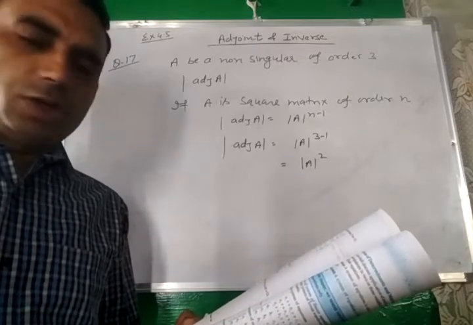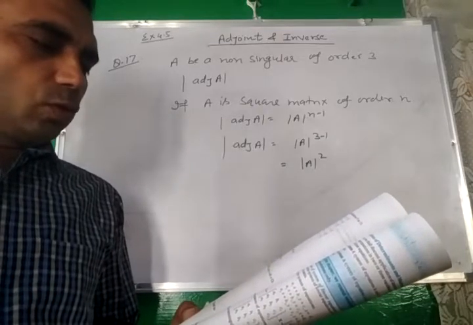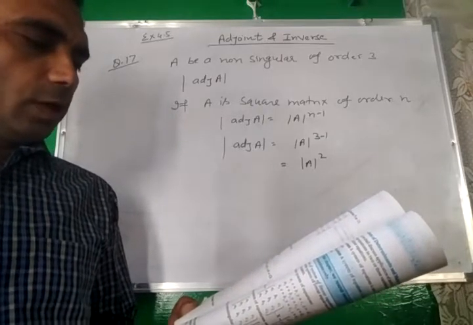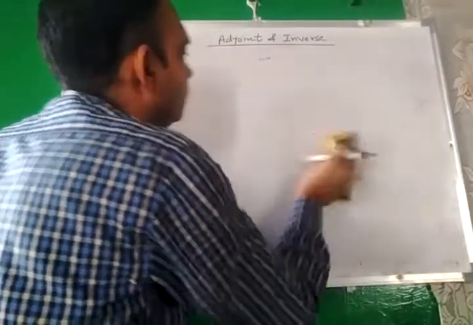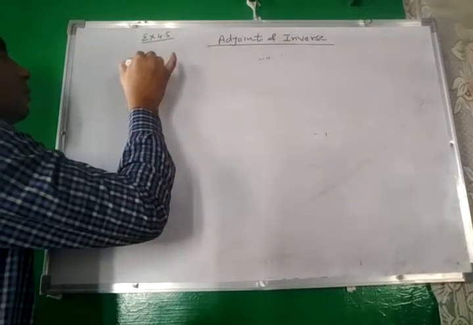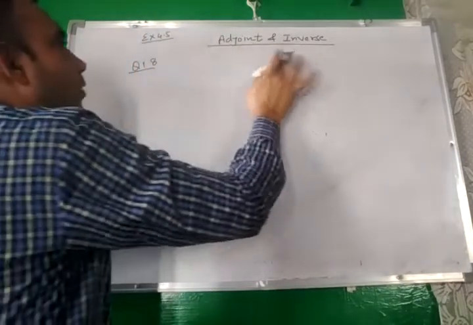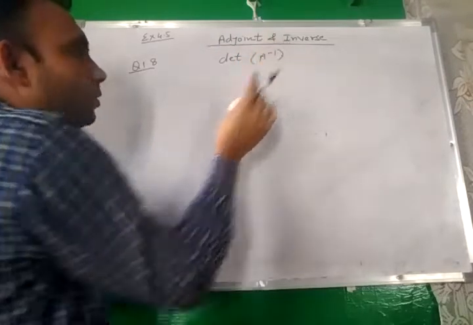Same, question number 18 is also an MCQ. A is an invertible matrix of order 2, then determinant of A inverse. We have to find the determinant of A inverse.